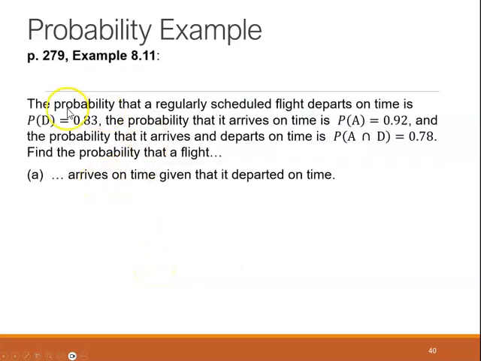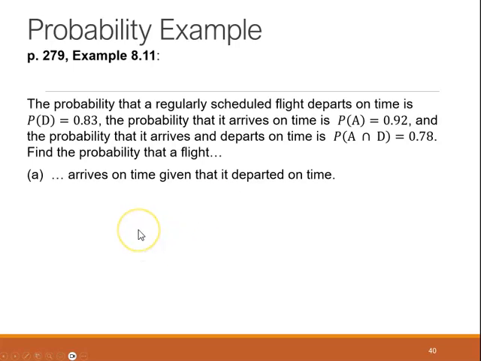All right. The probability that a regularly scheduled flight departs on time is 83%. The probability it arrives on time is 92%. And the probability that it arrives and departs on time is 78%. Find the probability that a flight arrives on time given that it departs on time.